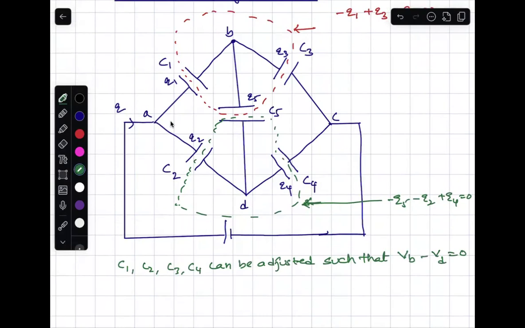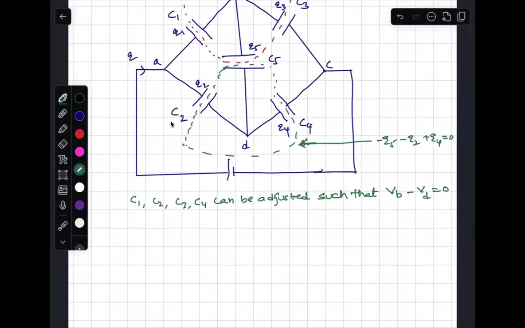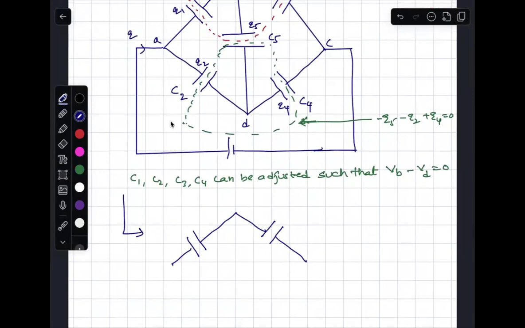There is no potential difference there. You know what happens in that case? In that case, the circuit will tend to a form like this, simply like this.